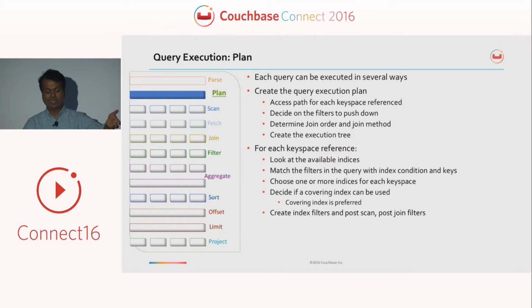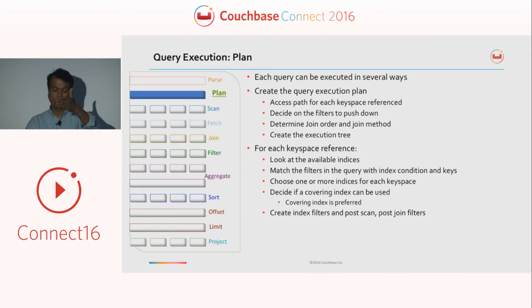So eventually, we select one or more indices for each key space, then match the filters that are in the query with the predicates that you can use while you create the index. Couchbase indices have keys as well as the where condition that helps you create partial indices.